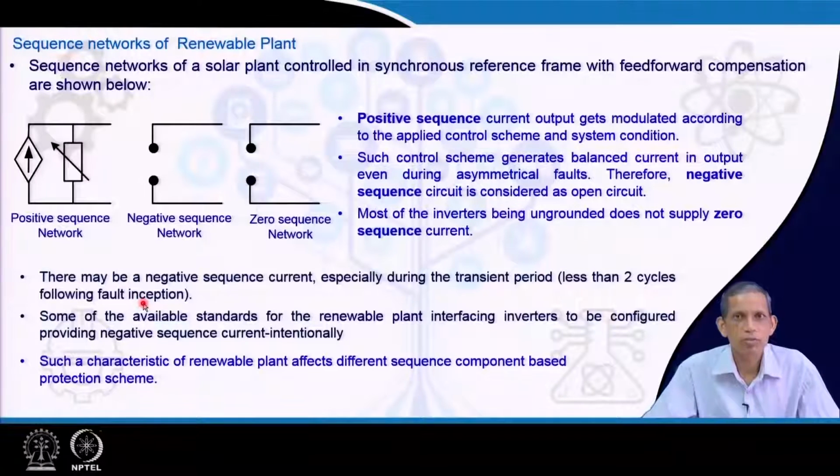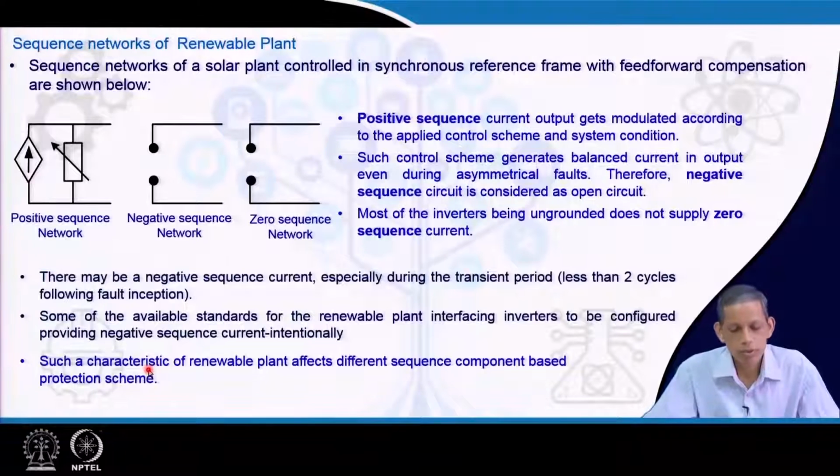So, negative sequence component based protection approaches, which are pretty common as you have learned earlier, are under scrutiny. Some of the available standards for renewable plant interface inverters ask for providing negative sequence current intentionally, so that available protection and control schemes in the grid will still function properly.